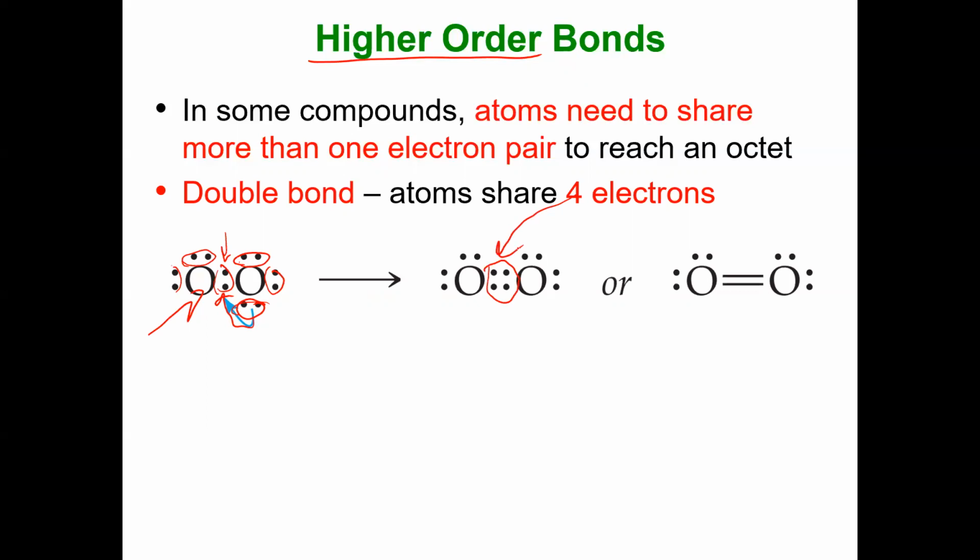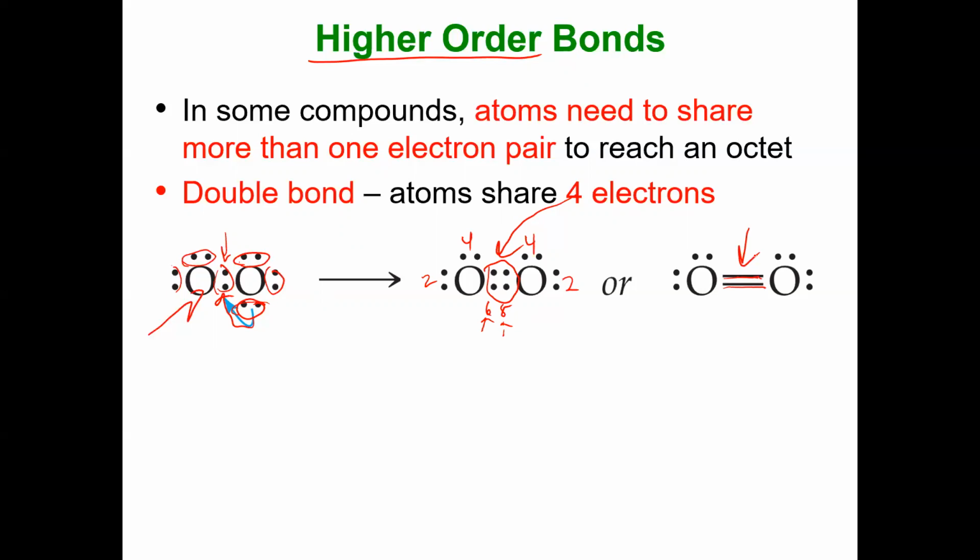Now both oxygens have an octet. 2, 4, 6, 8, and then we can see on this side 2, 4, and again 6, 8 for the ones in between being shared. So how do we depict the 4 electrons being shared? Each line represents 2 shared electrons, so we show 2 lines, which is a double bond.